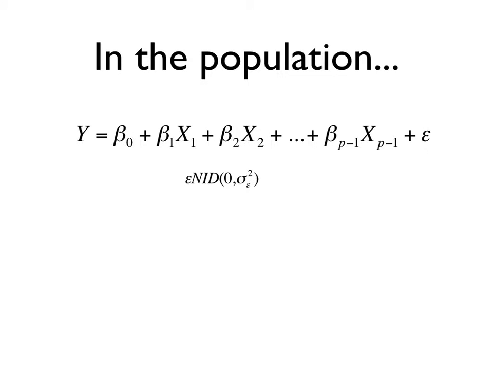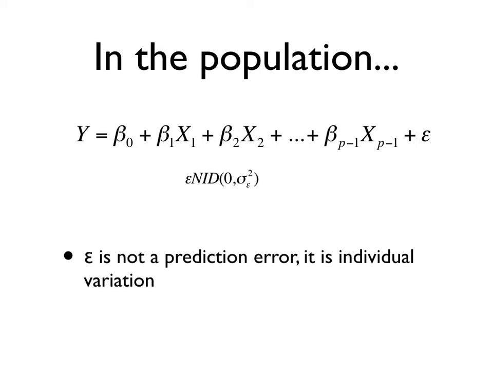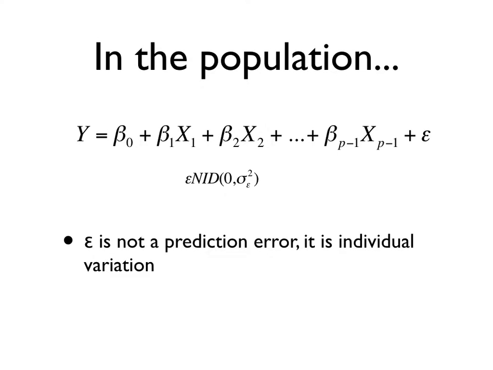We can say a couple of things here: that the errors are normally distributed, independent, with a mean of 0 and a variance of sigma squared sub epsilon. That should look familiar. That's exactly the same as it is in analysis of variance. In this case, epsilon is an error. It's individual variation. And that's, in fact, when you think about it, typically what it is.